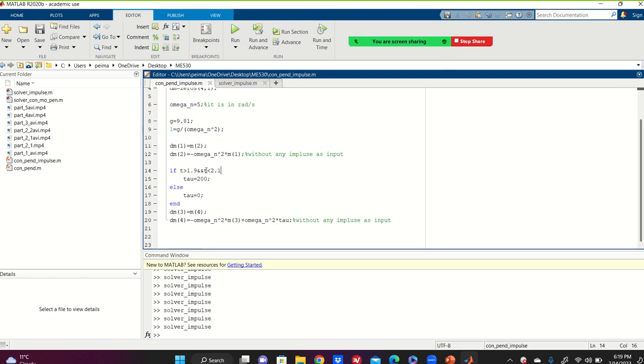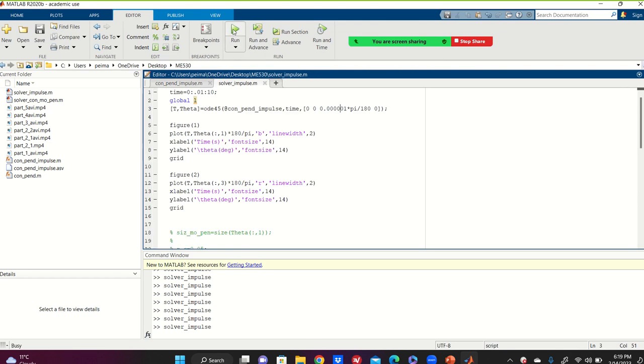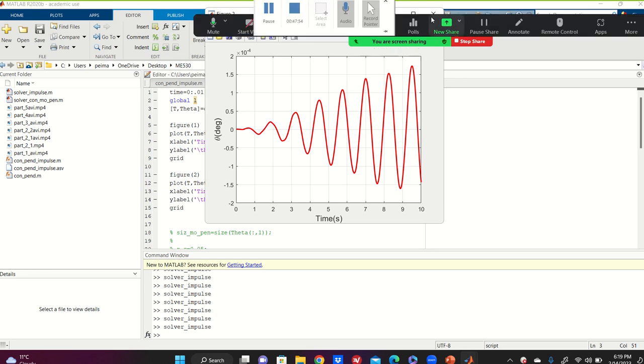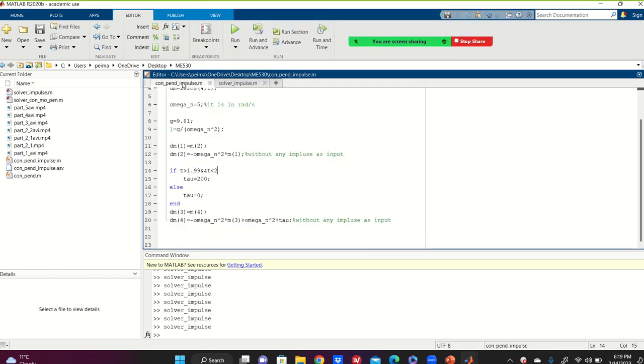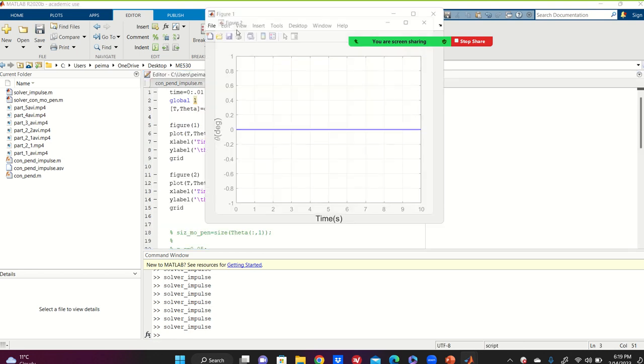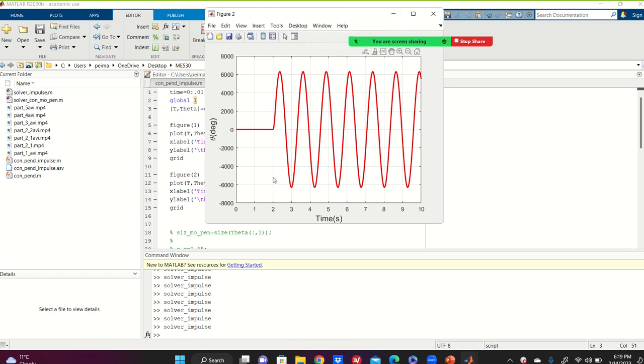Guys, so I put 1 millisecond. At 2, no, it doesn't take that, so I have to increase that. 0.1. Now it's a huge impulse in a short period of time. Okay, now it shows exactly at 2.